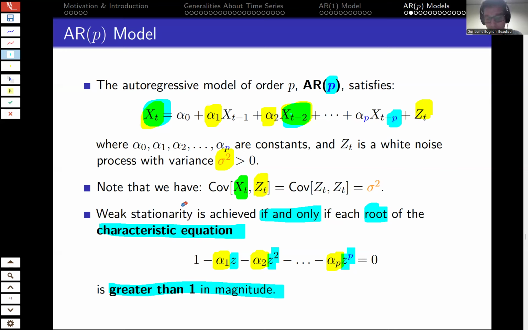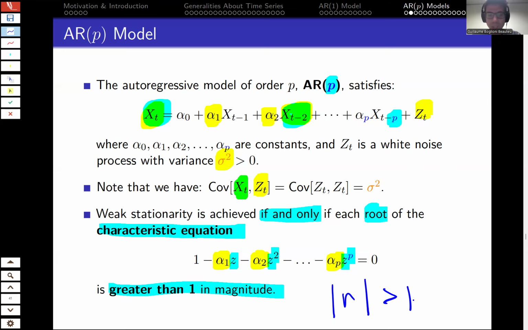Greater than 1 in magnitude means that if you call your roots r, you need the absolute value to be bigger than 1. If r is minus 2, then of course its absolute value is bigger than 1, so then you would have stationarity.